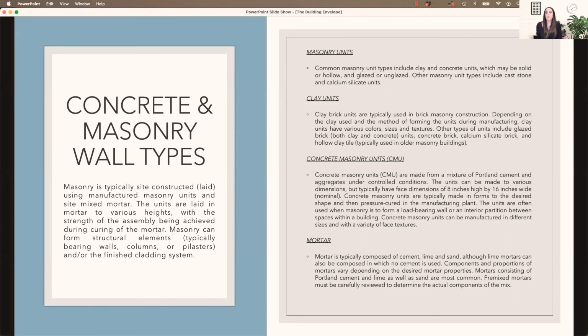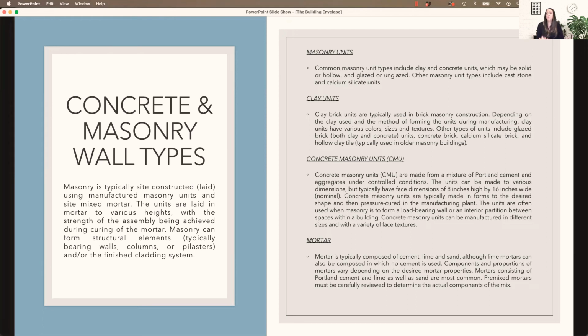Then the last type of wall framing that you might come across, I think more so in commercial projects, but maybe in some of those desert zones, you might see some concrete or masonry wall types. So, masonry, you probably will think about brick construction, but a lot of times the load-bearing walls or columns could be masonry construction.